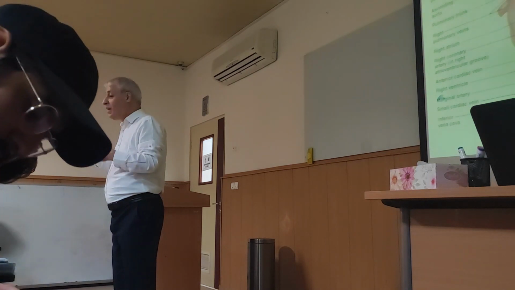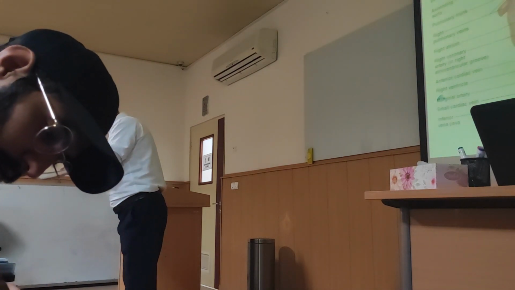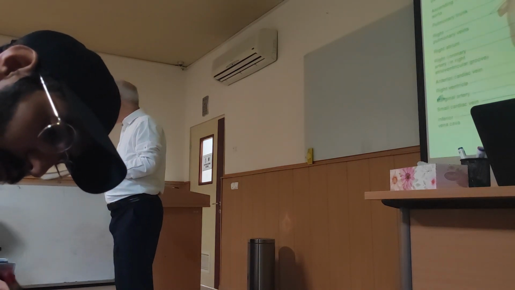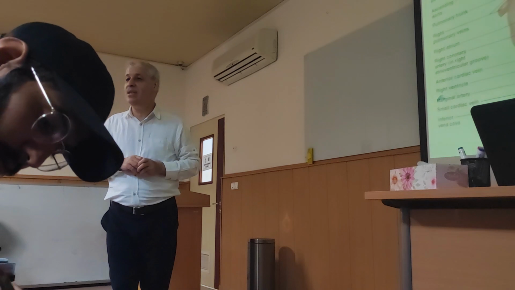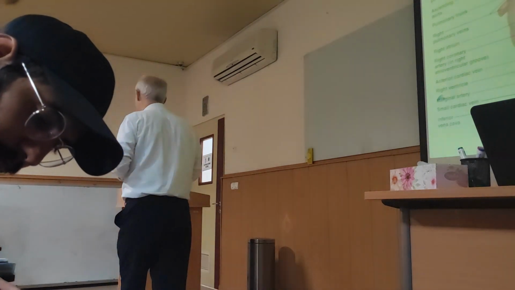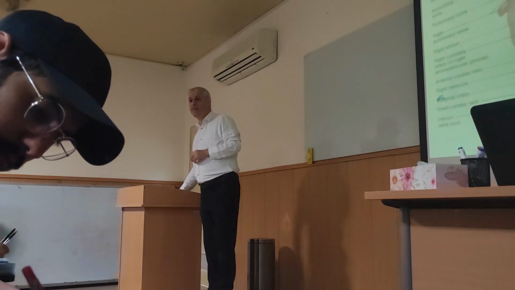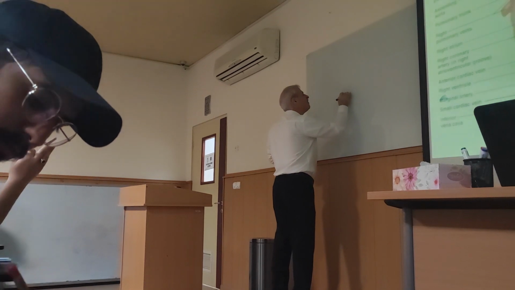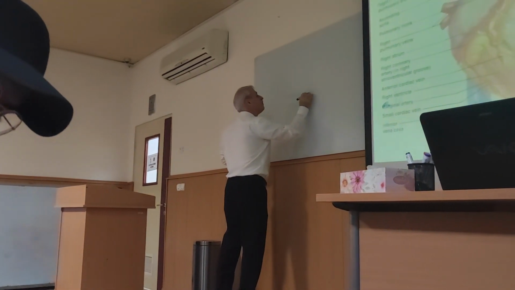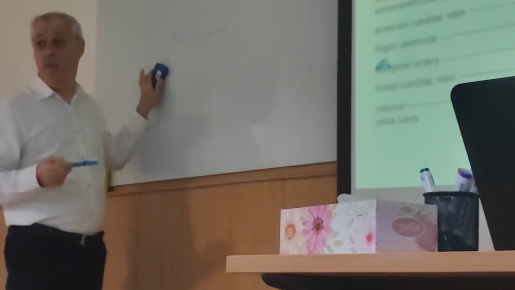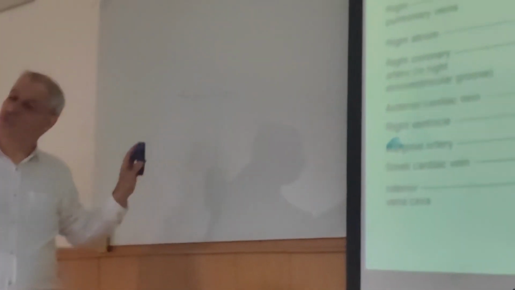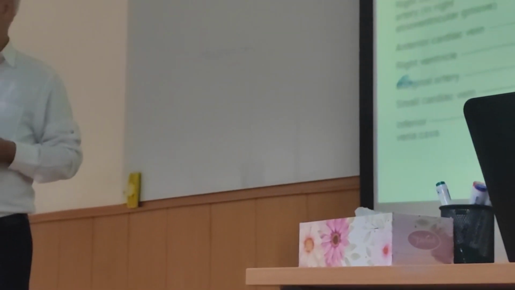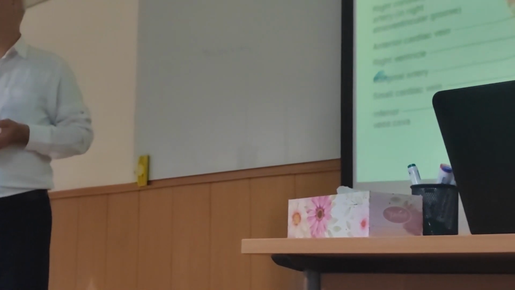In the heart, the venous blood comes back into the left and right ventricle via a special venous system called the Thebesian system. Both left and right ventricle. For example, the right ventricle needs a special circulation.